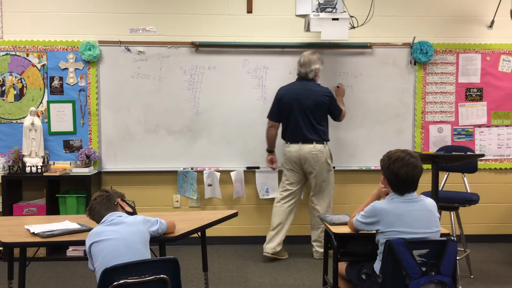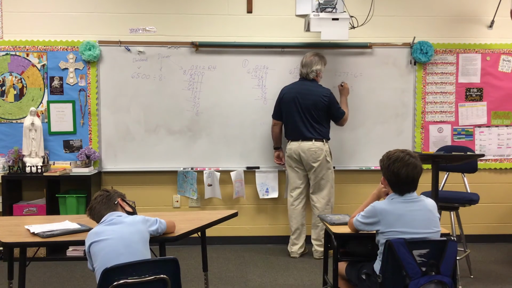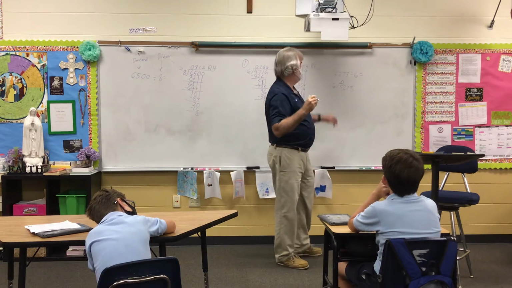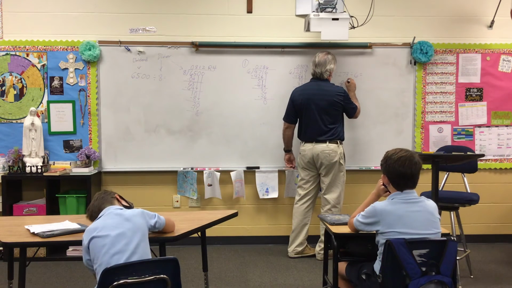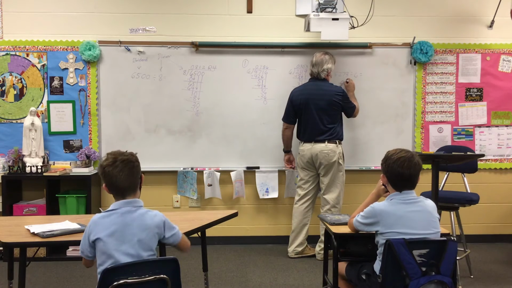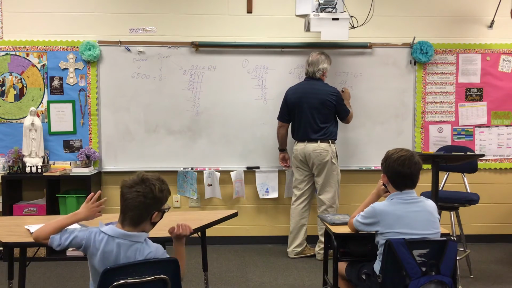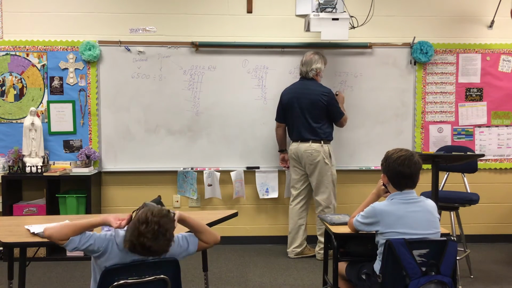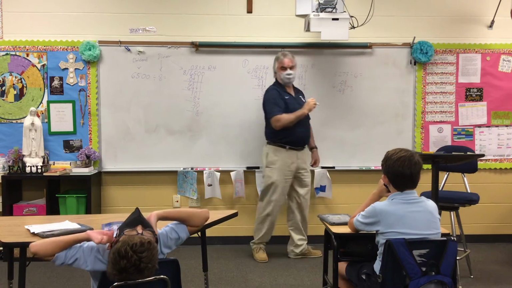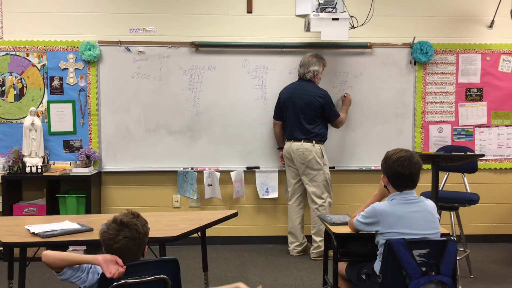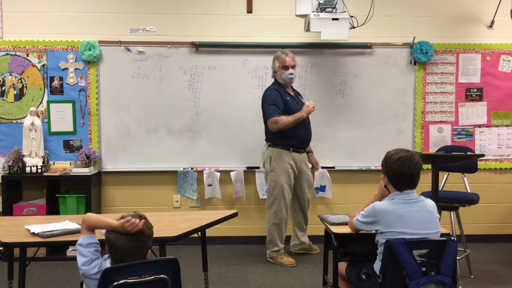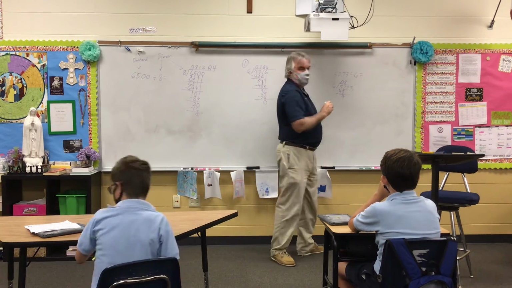Now, 6 goes into 5, no times. 6 goes into 52, 8 times, which is 48. 8 times 6 is 48. Subtract, I have 4. What's my next thing that I do?